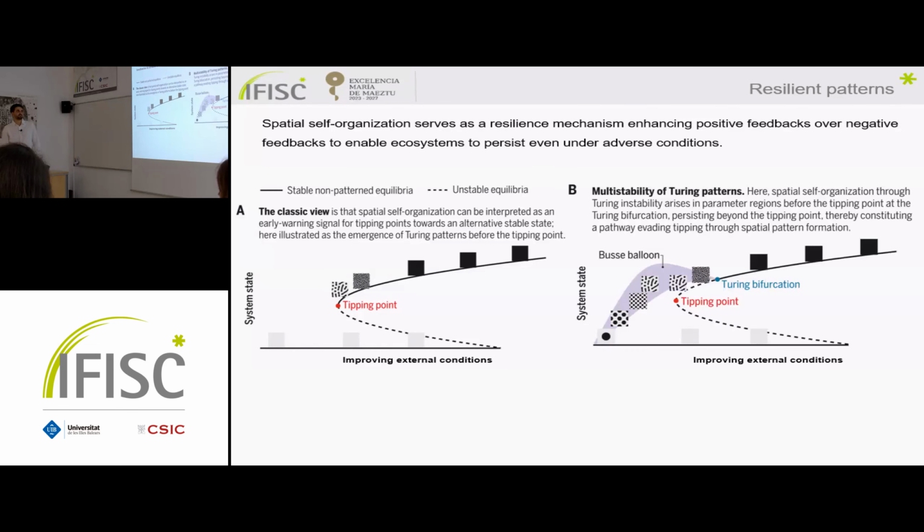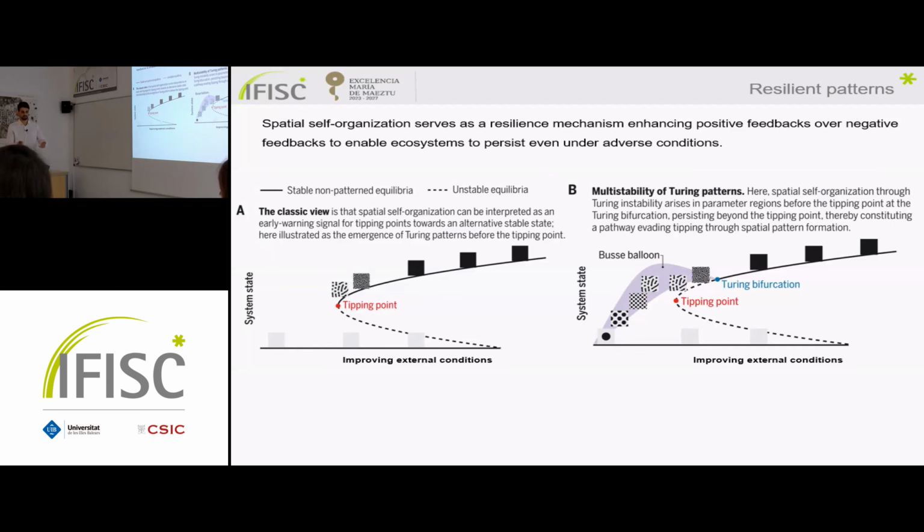Nevertheless, some new approaches to this problem show that, through the coexistence of different patterns, we can avoid the tipping point and go through solutions that can survive for longer, and also that the transition to the collapse of the ecosystem is not so abrupt. It happens little by little.